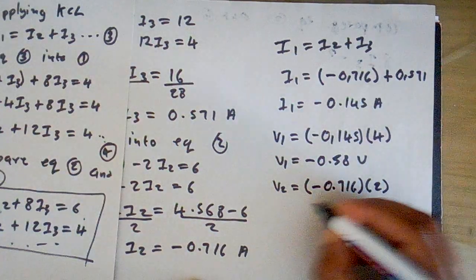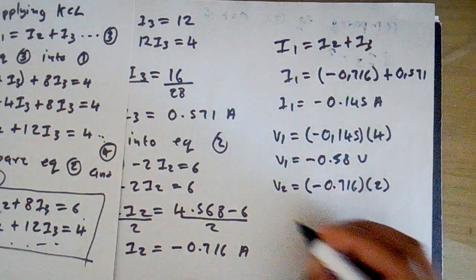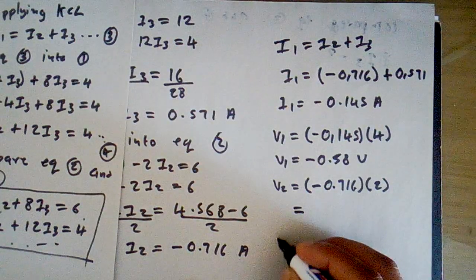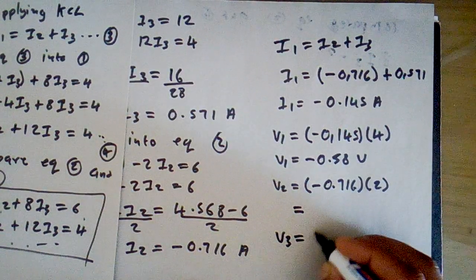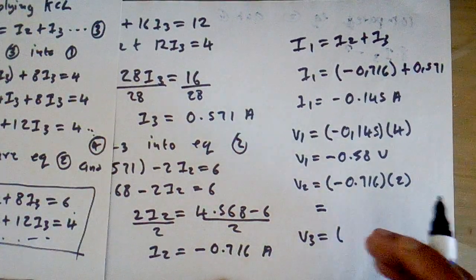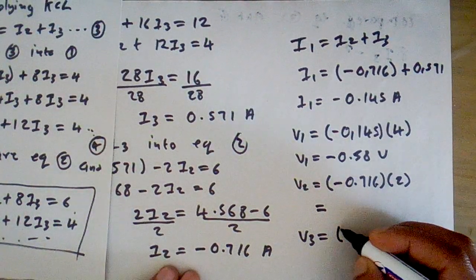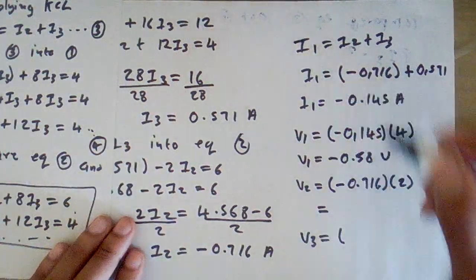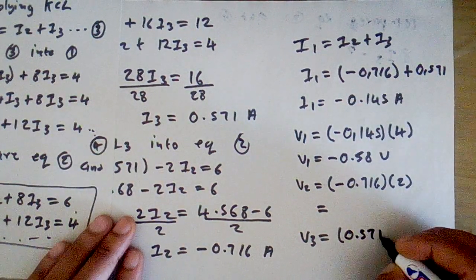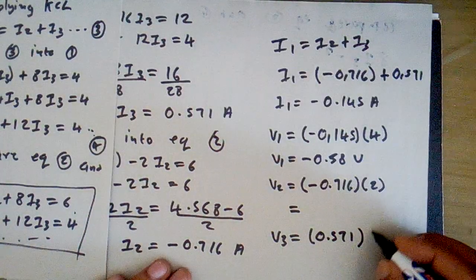And V3 uses the same thing: our current here is 0.571, and the resistor is 8 ohms. And then you are done.